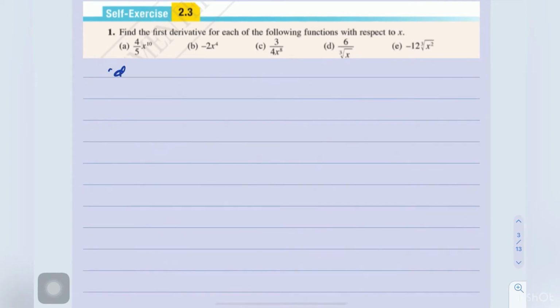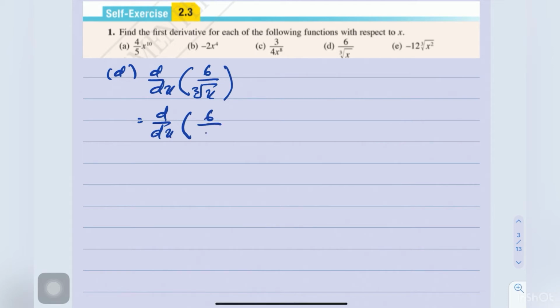Question D. We have to find the first derivative of 6 over cube root x. First of all, you have to simplify this one, d/dx. Cube root x is actually x to the power of 1 over 3. So then you move up, so you get 6x to the power of negative 1 over 3.